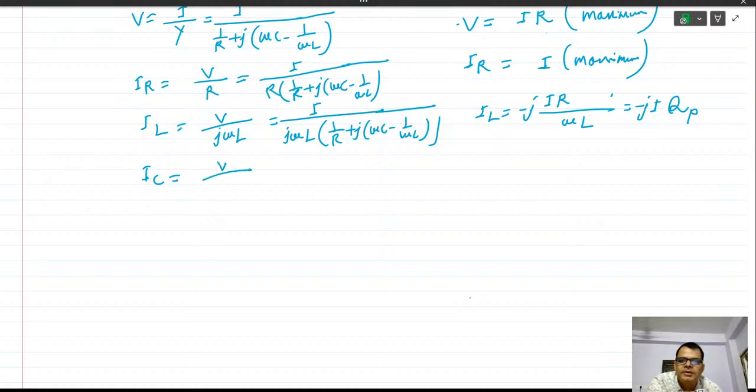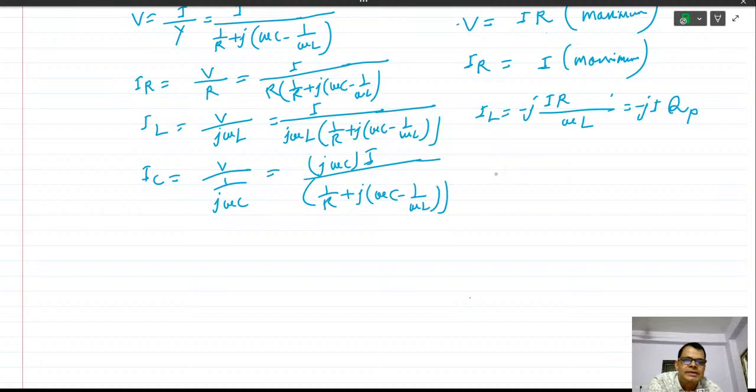Then next is the IC, so that is V upon 1 upon j omega C, which is j omega C into I upon (1 upon R plus j(omega C minus 1 upon omega L)), right? And at resonance your IC will be j omega C R into I. This is not negative.